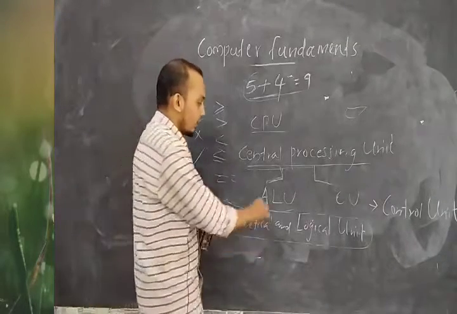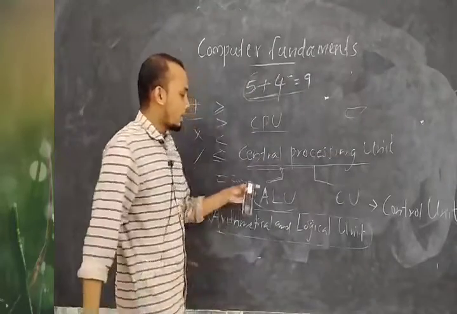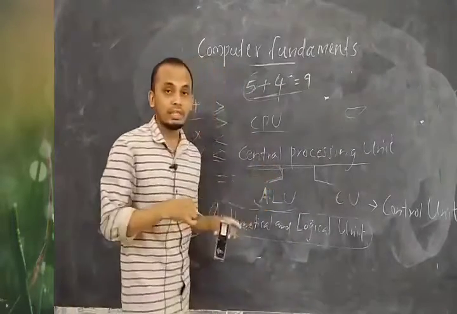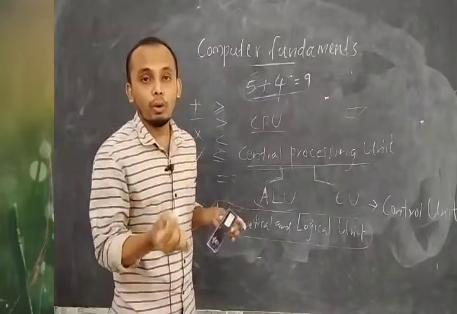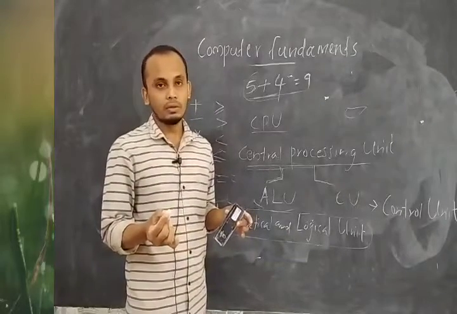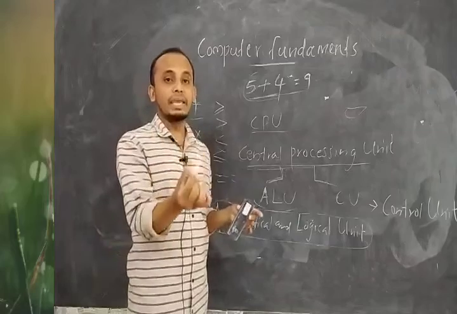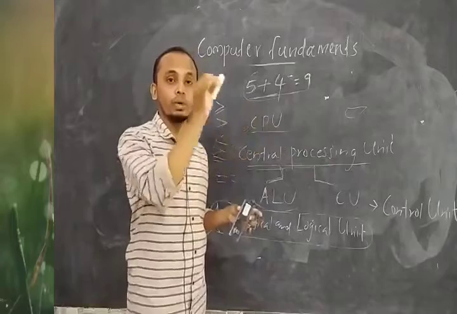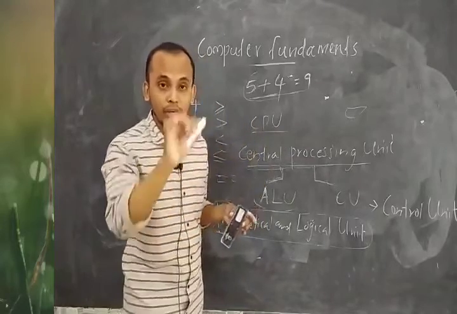Then when we give input through input devices, that instruction will be sent to memory. Then memory will send that instruction to whom? To the CPU, and the CPU will process.